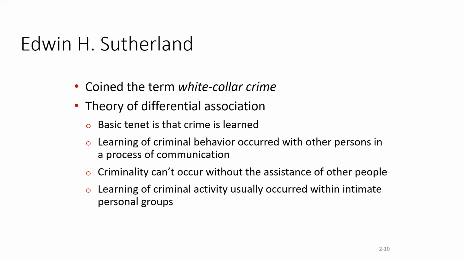The theory's basic underlying tenet is that crime is learned, much like we would learn math or English or accounting or any other skill. And that this learning takes place by communication between people, typically in intimate personal groups. This learning explains, in his view, how a dysfunctional parent is more likely to produce dysfunctional kids.